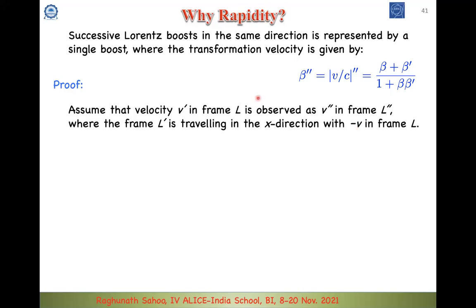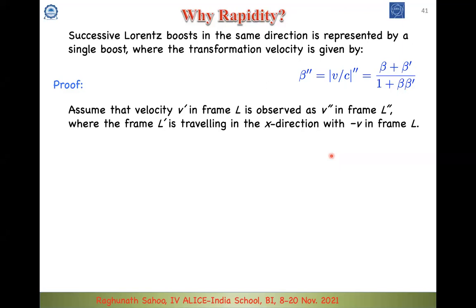Let's assume that velocity v prime in L is observed as v double prime in L double prime. So I have two frames of reference, namely L and L double prime. With respect to my laboratory, L is moving with velocity v prime, and L double prime moves with v double prime. So now the question is, how will I see L double prime with respect to the laboratory?